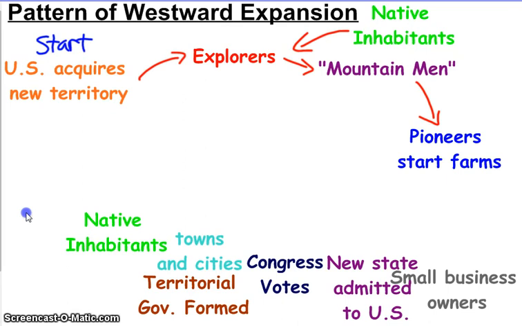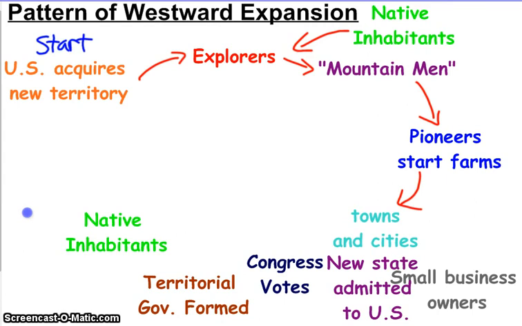The pioneers come and start out by starting their own farms, but eventually enough people come that we have the first small towns and small cities being created. And here you have your general stores, and you might have some saloons and bars. You might have a hotel or two. We get our first sense of growth.